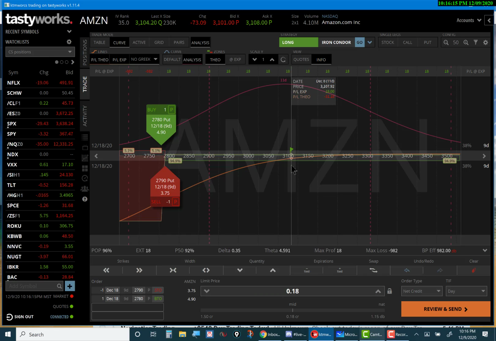You're bringing in $18, but you're already down $31 right off the bat. If it moves at all, now you're down $61 on an $18. You're already out of this trade right here. Guys, Amazon moves $150 a day.